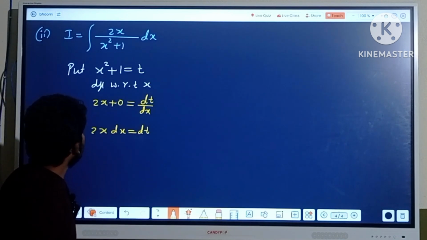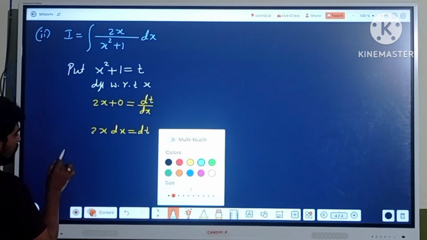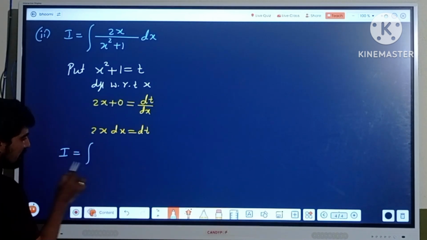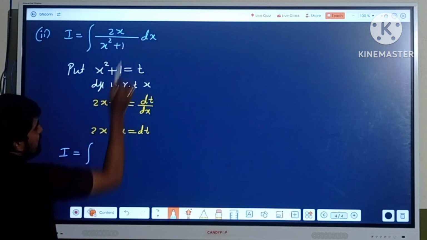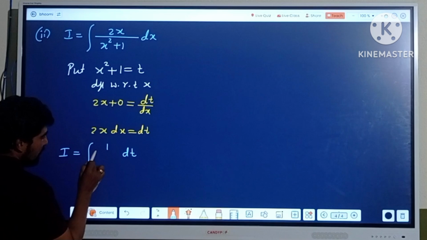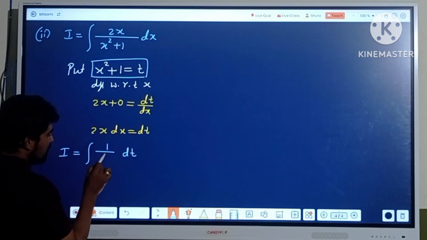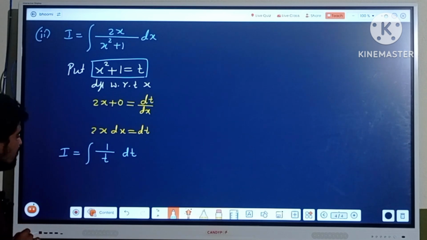I hope all of you understood. So now by using this substitution, we get I equals integration of 1 divided by x square plus 1 times 2x dx, where 2x dx is dt and x square plus 1 is t. I hope all of you are understanding.